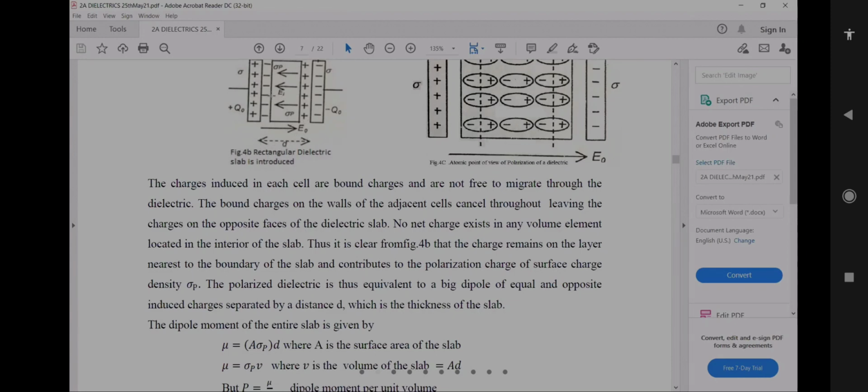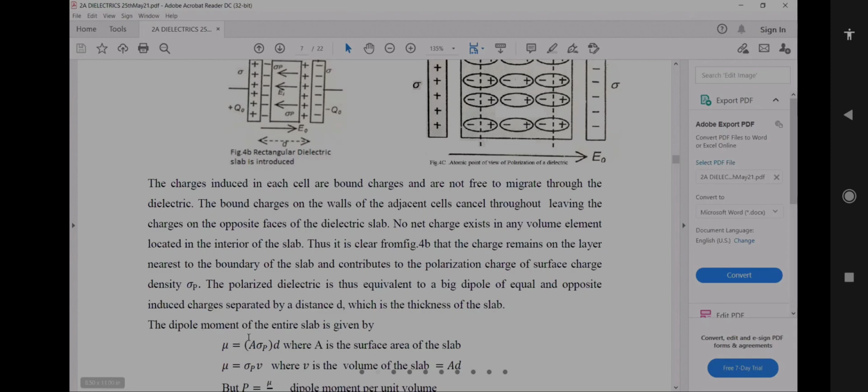Okay, so the separation of the charges contributes a big dipole having surface charge density sigma p, with d the thickness of the slab.